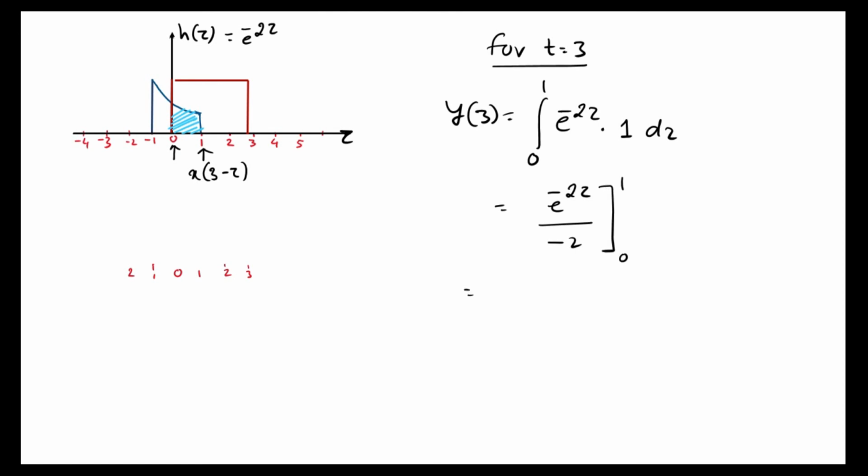It can be further simplified as e power minus 2 divided by minus 2 plus e power 0 by 2. So by simplifying this, we'll get the answer as 0.43. That is y of 3.